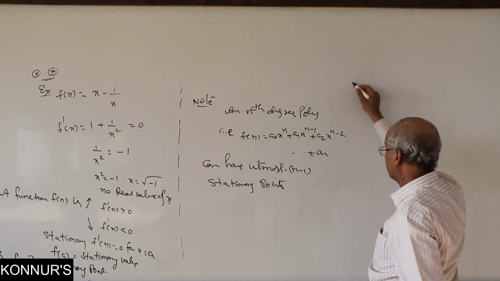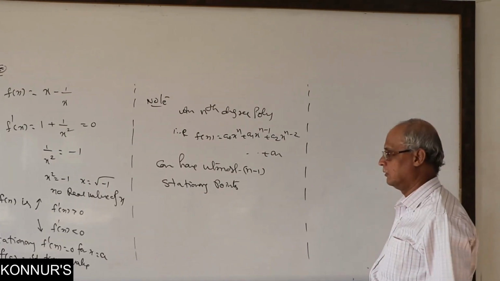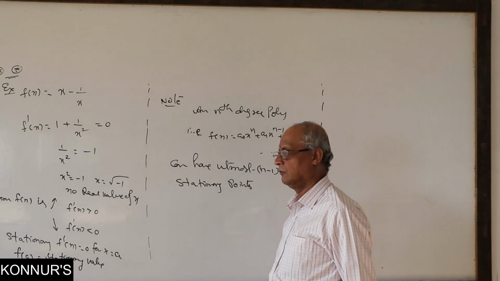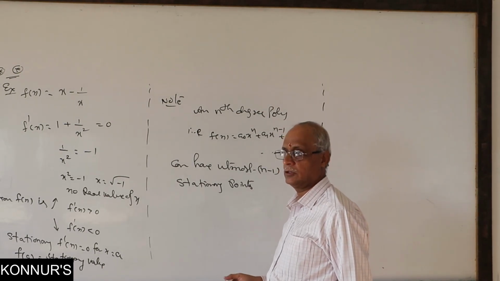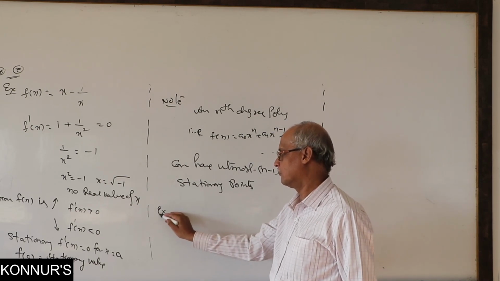That is the next one. For this total theory, we will do one example for all: where it is increasing, where it is decreasing, where it is stationary, all together.